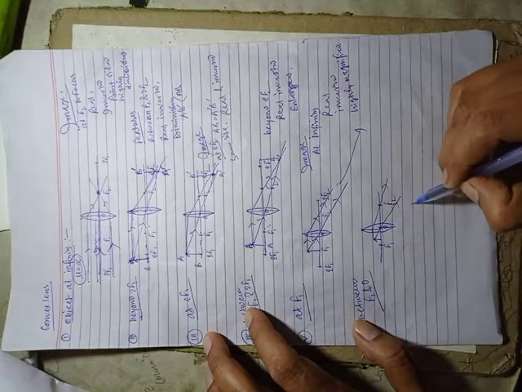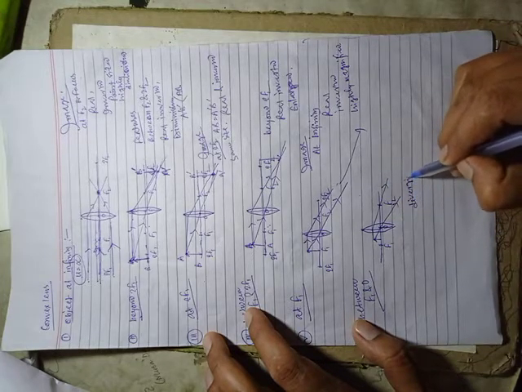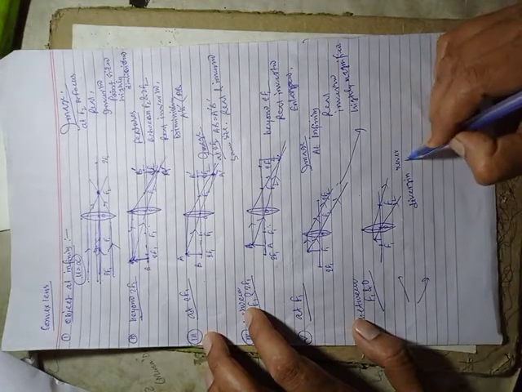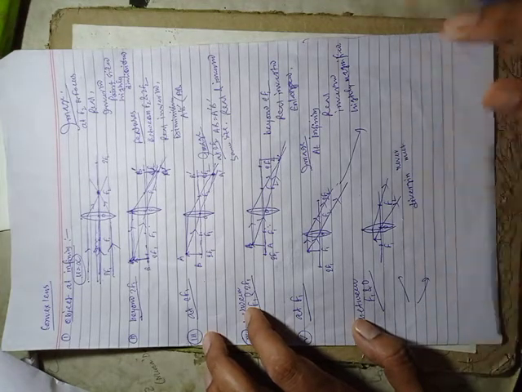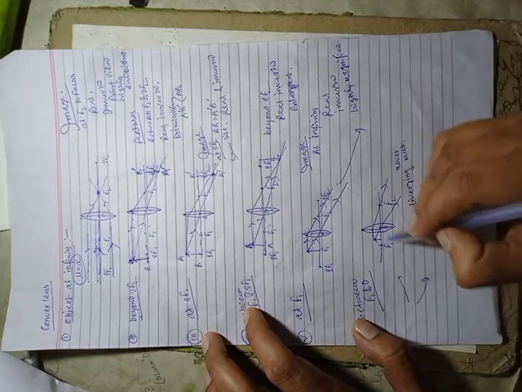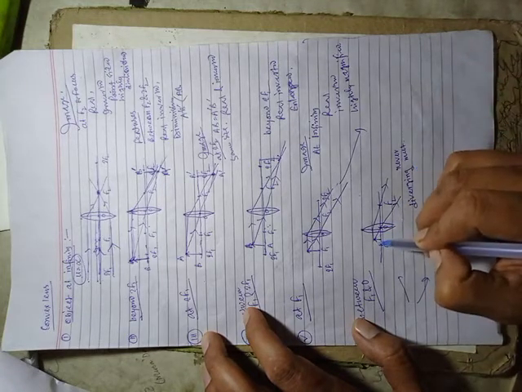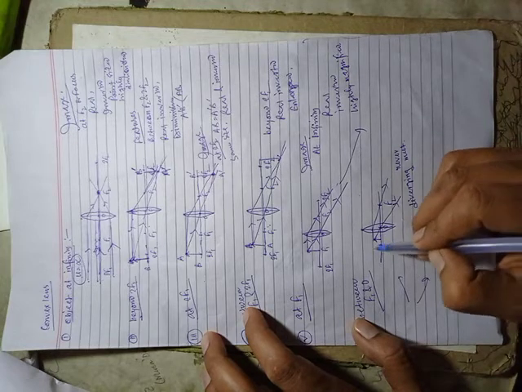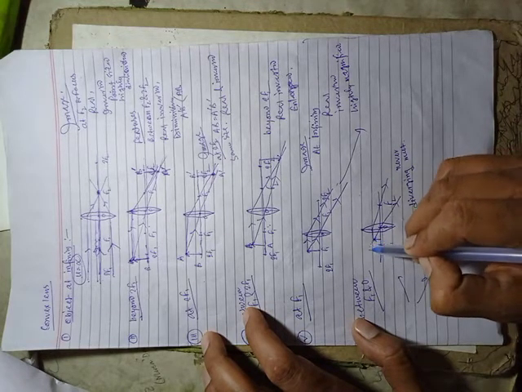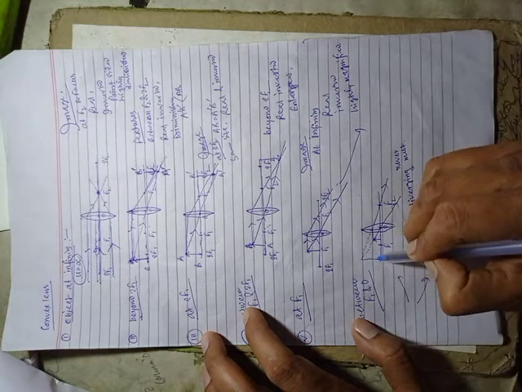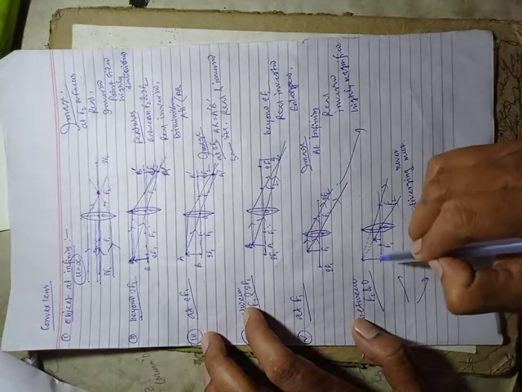See students, these are diverging rays. Diverging means one is this side, another this side, and they will never meet. For diverging rays in the case of a concave lens, they will meet on the opposite side, so we see that they appear to meet here.